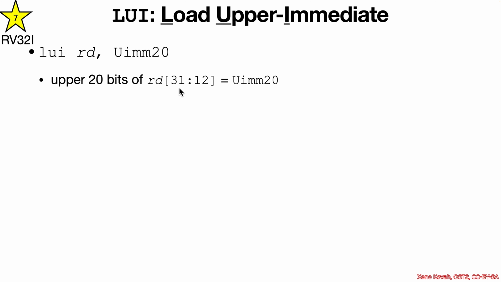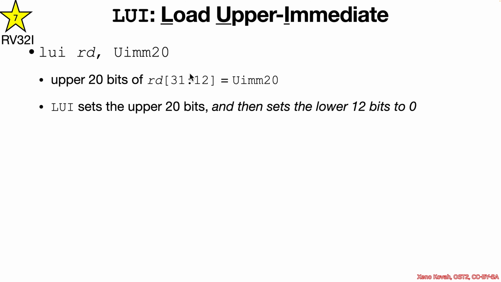And so I chose to draw this sort of like this. So it is loading the upper immediate 20 bits into RD, some destination register, and specifically those 20 bits are filling in bits 31 through 12. So those are the upper 20 bits. So it sets the upper 20 bits, and then implicitly it also sets the lower 12 bits to 0.